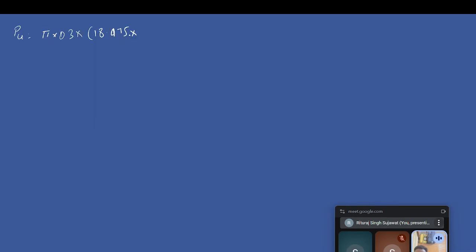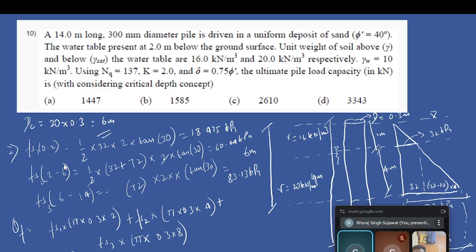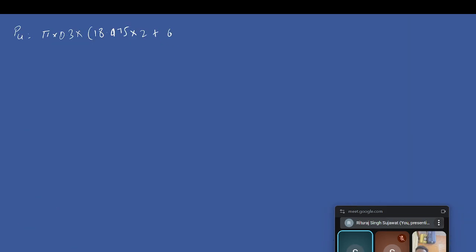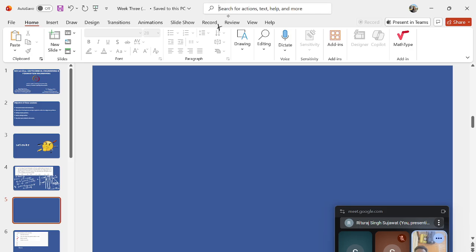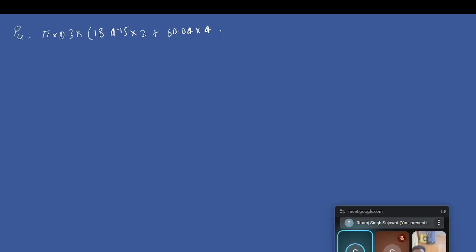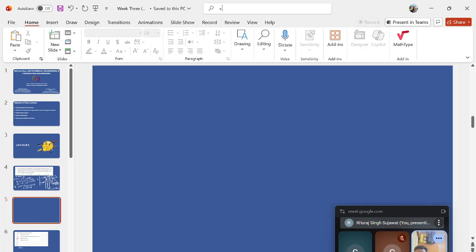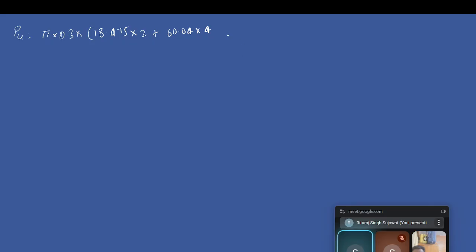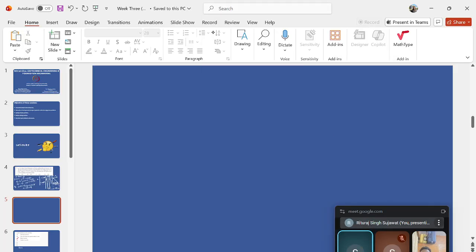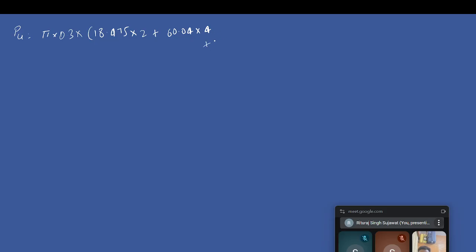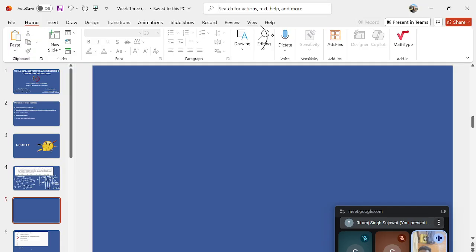L1 is your 2 meters. 60.04, then Fs2, 60.04 into 4, 83.13 into 8, right?